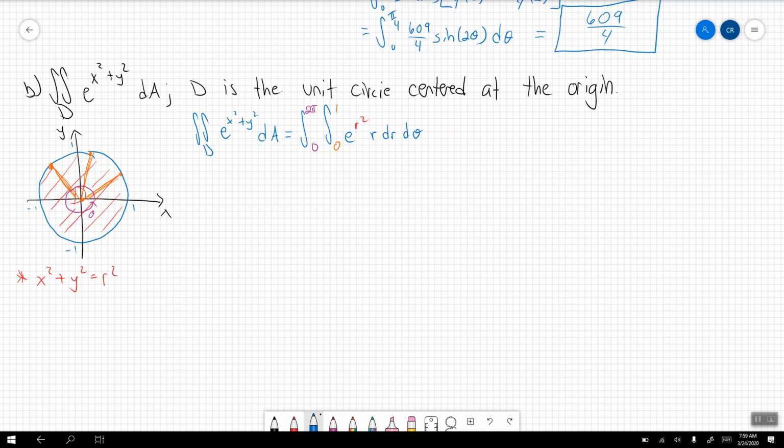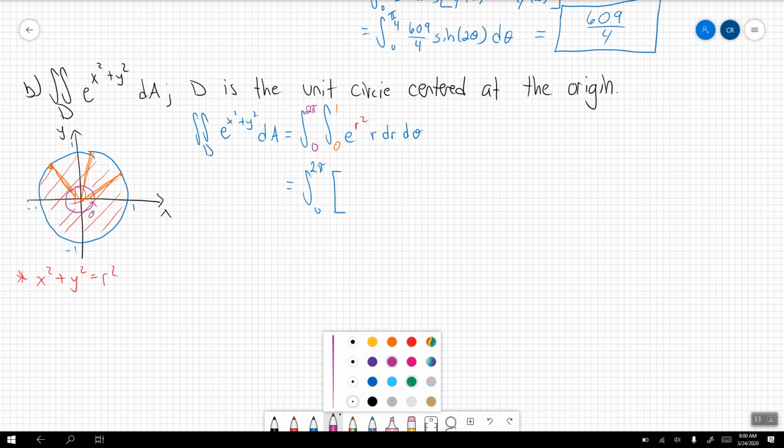So now we want to evaluate this particular integral. All right, so let's go ahead and evaluate this integral. The innermost integral is going to go from 0 to 1. And I need to evaluate e to the r squared times r dr. All right, now one of the things that you can do here, working with this most inner integral, is make a u substitution.